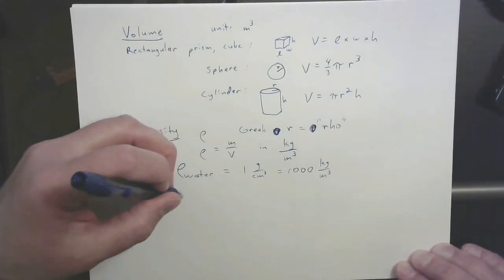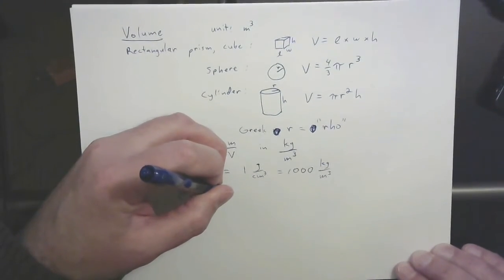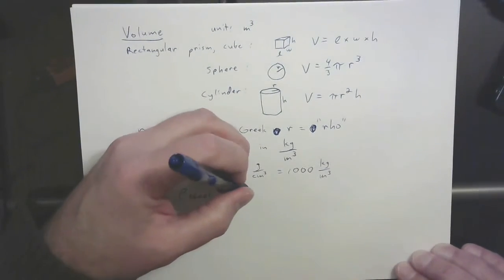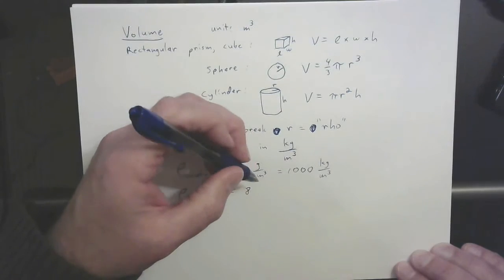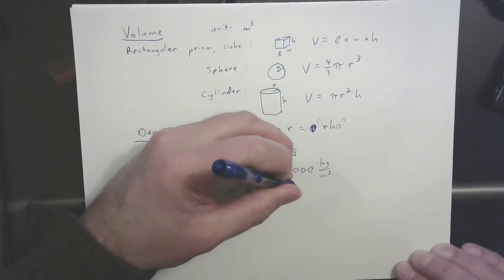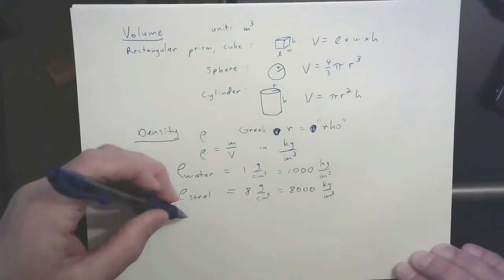The density of steel varies according to the type of steel, but it's usually roughly about 8 grams per cubic centimeter, which is 8,000 kilograms per cubic meter.